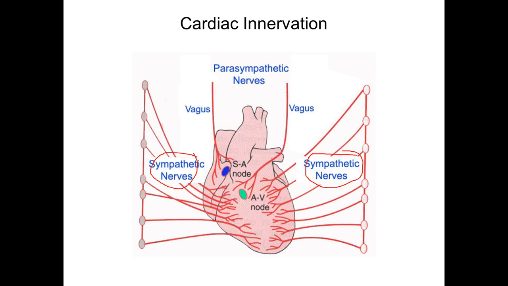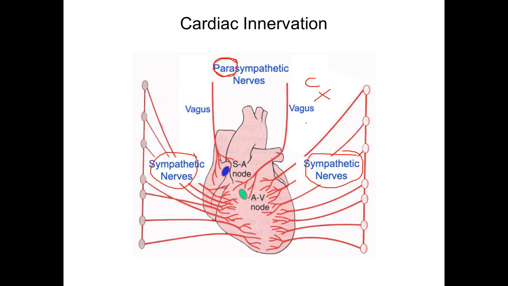So the sympathetic nerves can actually increase or decrease heart rate directly. And then the other part of the nervous system, the parasympathetic nerves, particularly the vagus nerve, which is cranial nerve 10, remember we saw the cranial nerves earlier, actually control the heart rate by, if you like, tuning it down.